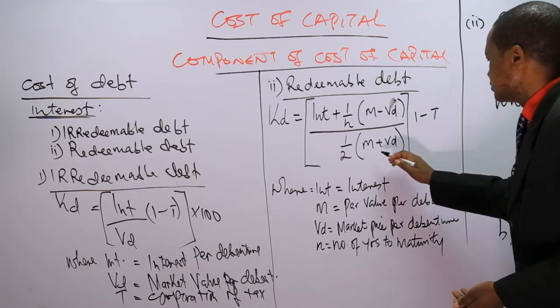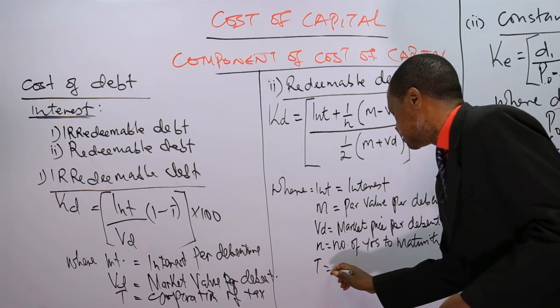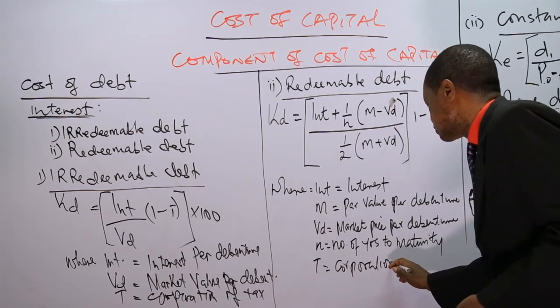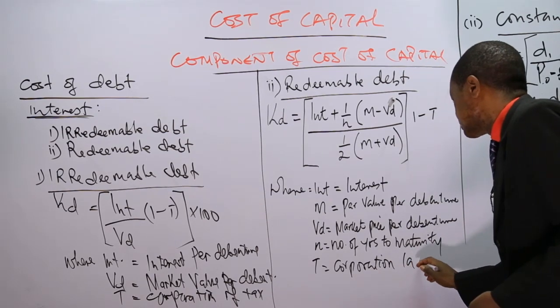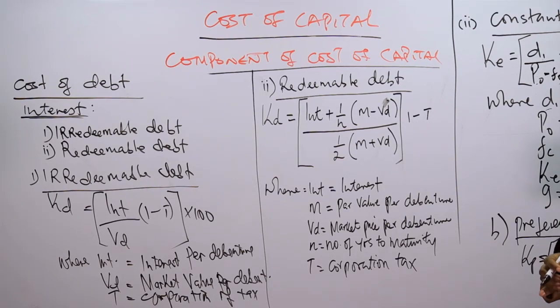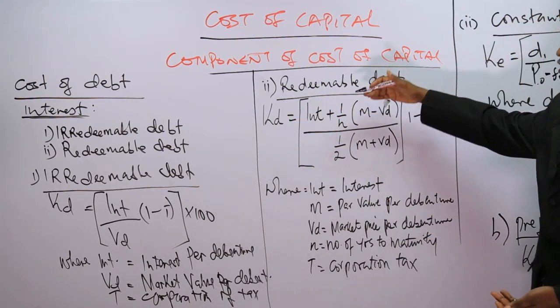And of course, T is the corporation tax. So that's how to determine the cost of debt which is redeemable.